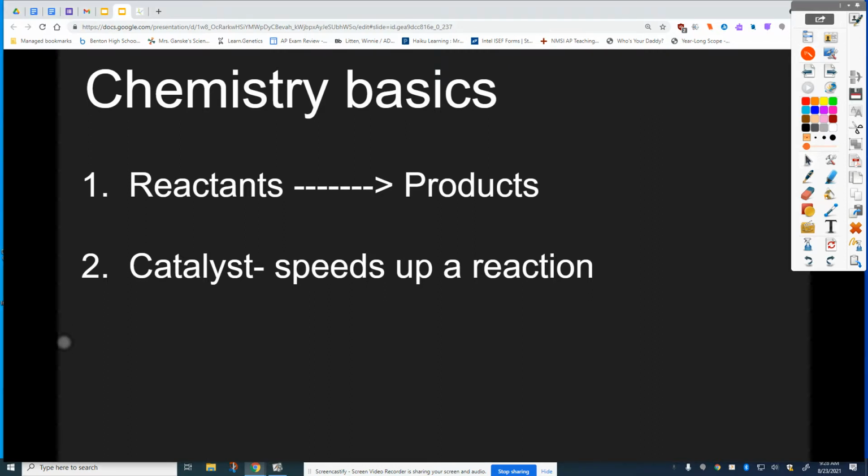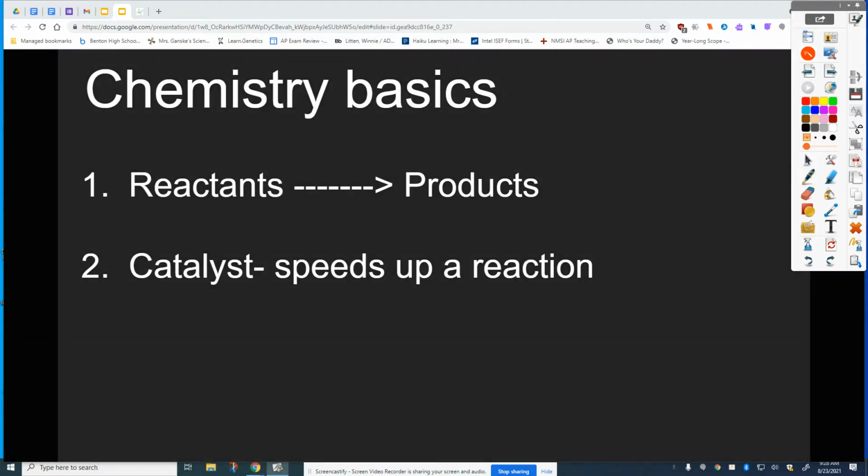Let me try one more time. What else? Energy. Okay, what kind of energy? Light energy. What do plants take in from the atmosphere? I know y'all remember this.